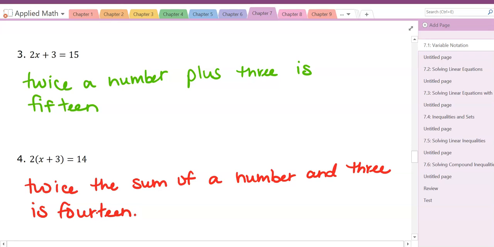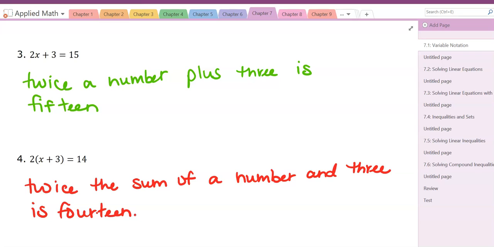Okay, so the twice is the 2 times the whole quantity. And since I say the sum of, that means that I'm adding that letter x, a number, and the 3 first before I multiply. So I said it differently. Instead of saying twice a number plus 3, which would be what number 3 said, since I'm saying twice the sum of, that lets the reader know that I have to add those 2 terms first before I multiply by the 2.